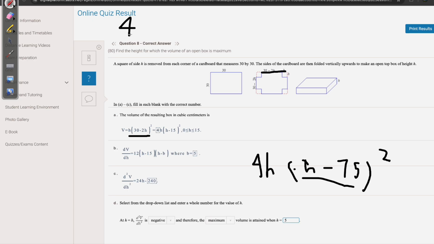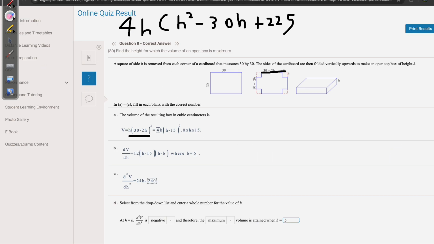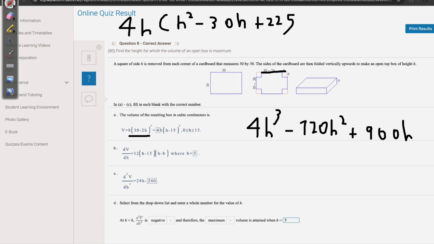So 4h times h squared minus 30h plus 15 times 15, which is 225, and then you're gonna distribute, which will give you 4h cubed minus 120h squared plus 900h.